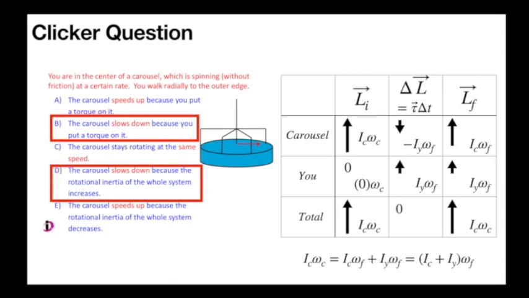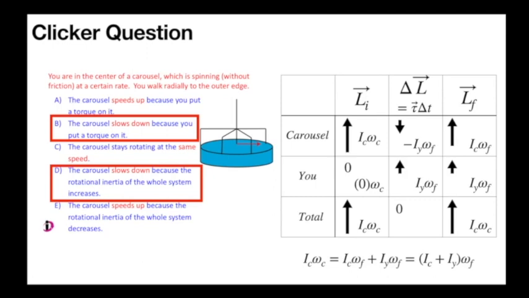Then, as I walk outward, I gain some R, some distance from the axis of rotation, and so my rotational inertia goes from 0 to some positive value. I also gain some angular speed, right? As I walk out, I'm attached to a piece of the carousel that is moving, so I'll move too.